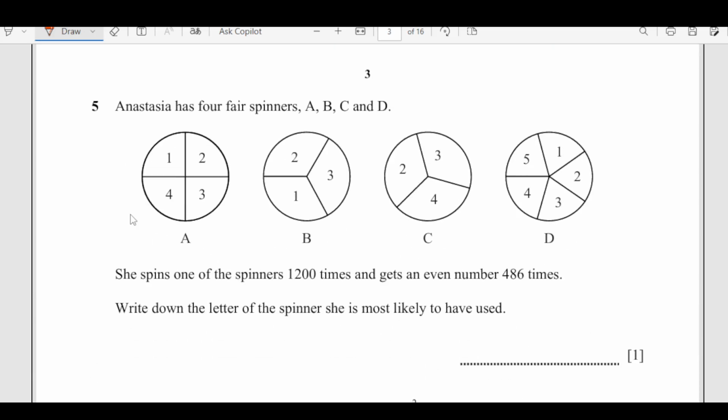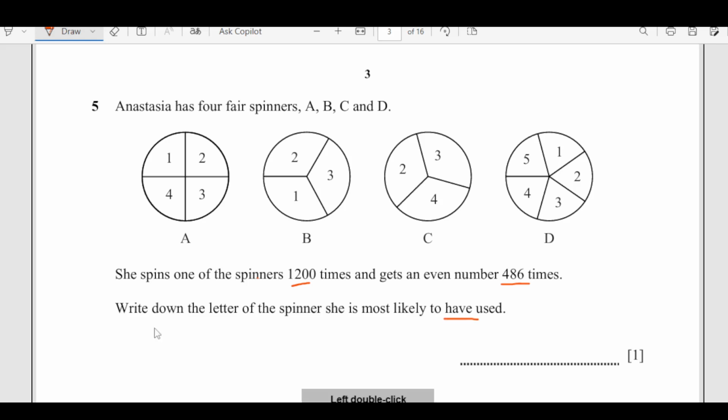Now number 5: Anastasia has 4 fair spinners A, B, C and D. So you can see we have 4 spinners here. She spins one of the spinners 1200 times and gets an even number 486 times. Write down the letter of the spinner that she is most likely to have used.